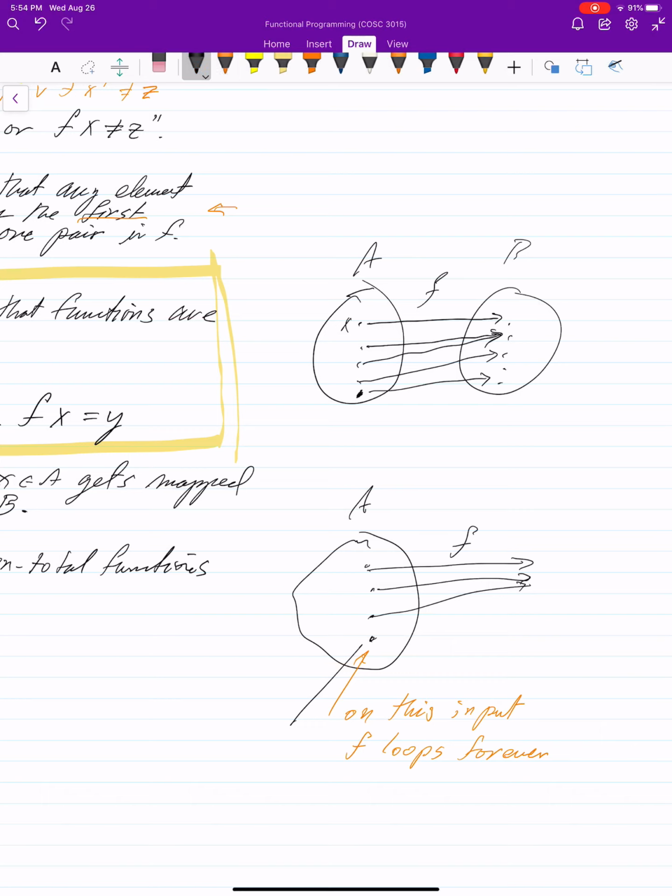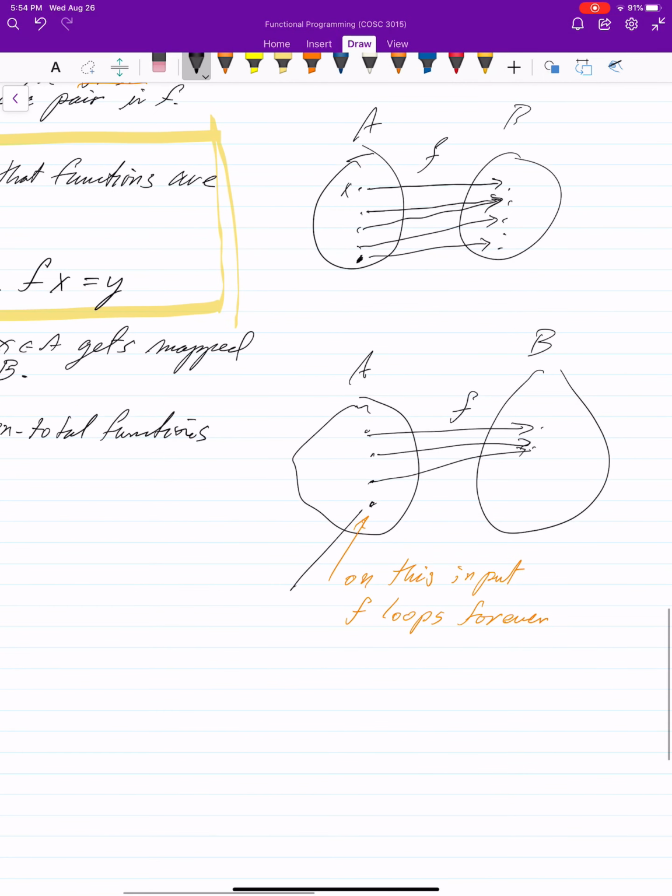So I'm trying to draw this diagram, picturing what this function looks like. It never gives you an output, so it never specifies anything in B. So this is partial. f is partial if this is true.